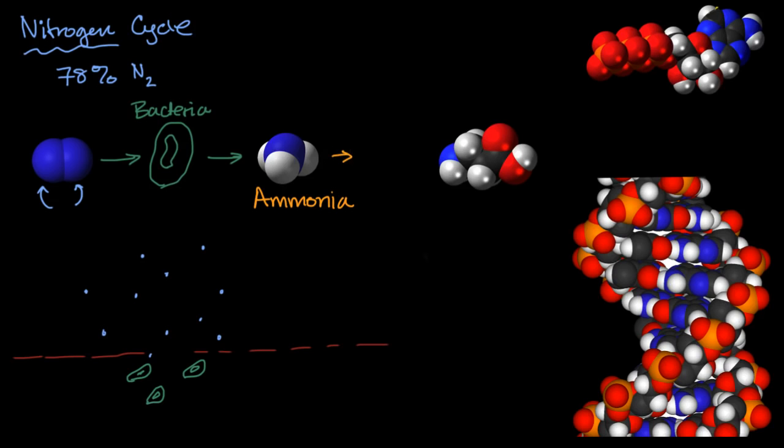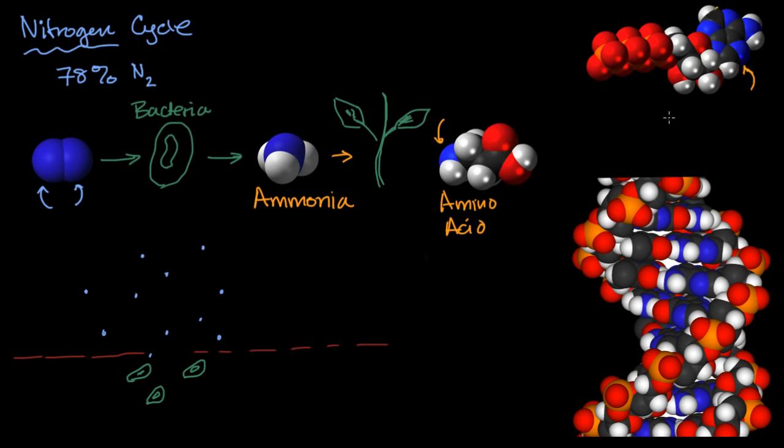So as the plant, in the video on the carbon cycle, we talk about how plants fix carbon, that carbon makes up a large part of organic molecules, but many important organic molecules also need nitrogen. And these are examples of organic molecules that you will find in plants, and you'll find them in many different types of organisms. So this right over here is an amino acid. You see the nitrogen right over there.